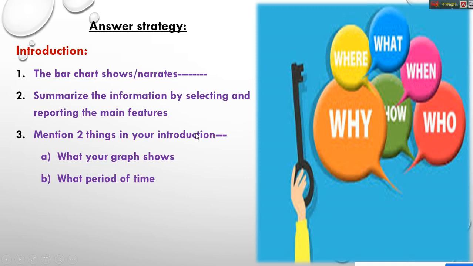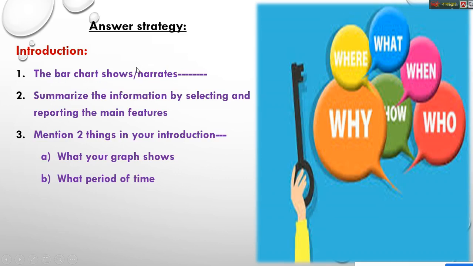All right, answer strategy. How you will answer, how you will develop the paragraph. First, you see the introduction part, and you can have a good start with this sentence, like this: The bar chart shows.